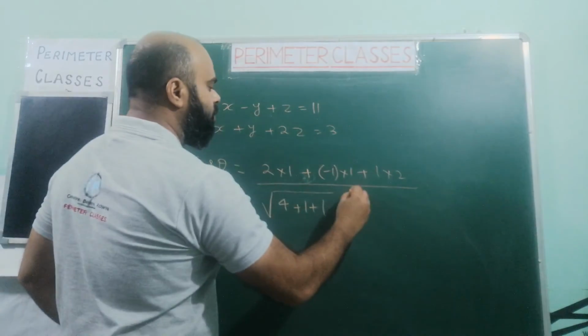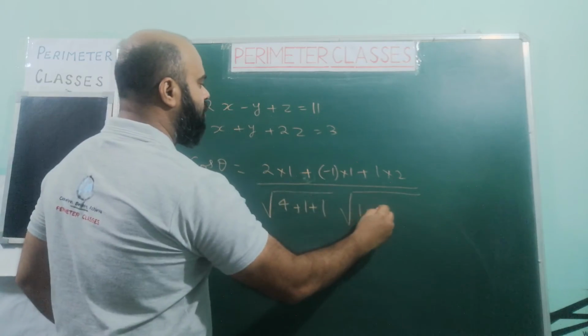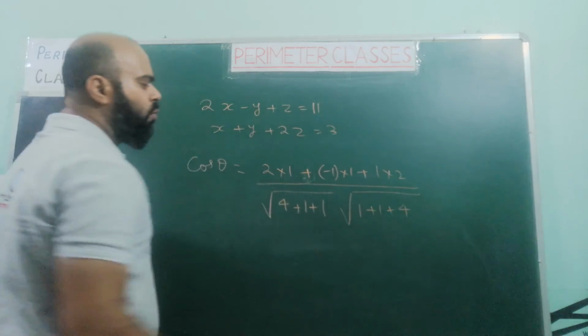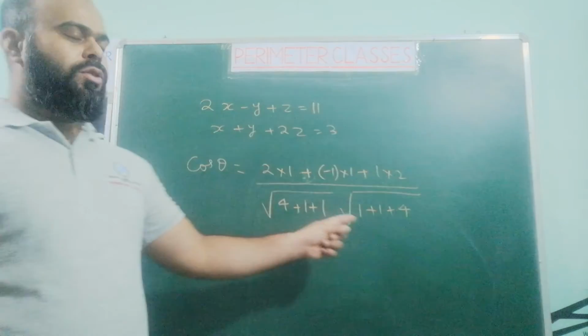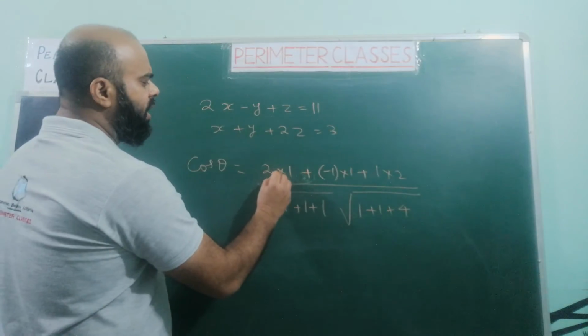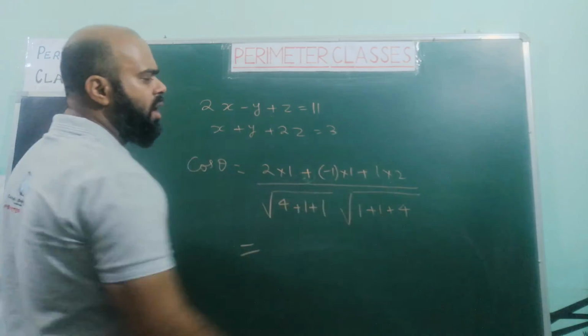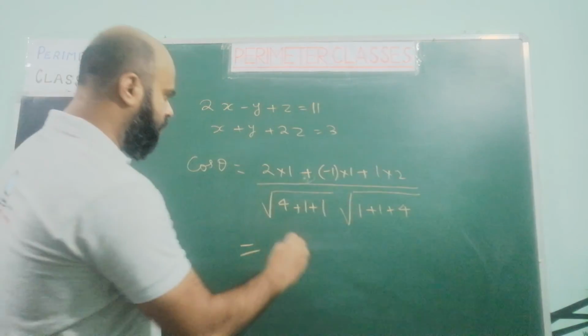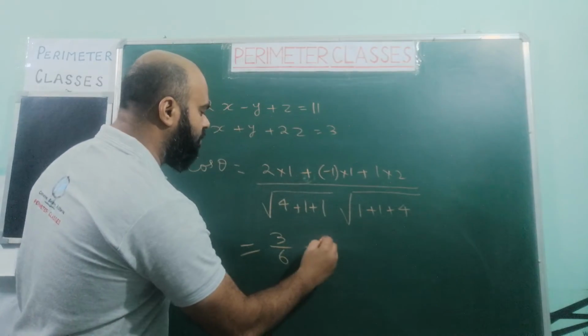What about this term? Root over 1 plus 4 plus 1, here also 6. So you will get root over 6 into root over 6, which will be 6. And here 2 minus 1 is 1 and 1 plus 2 is 3. So 3 upon 6, which is half.